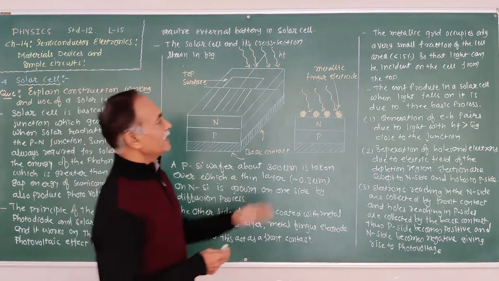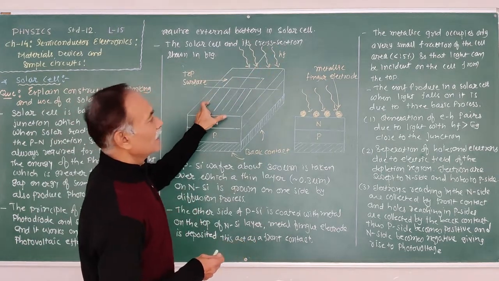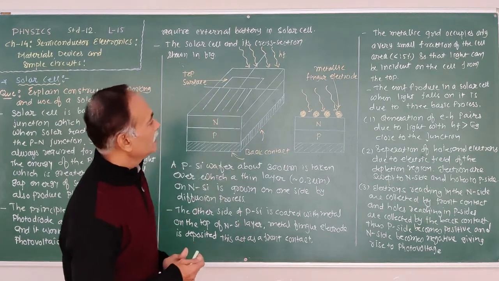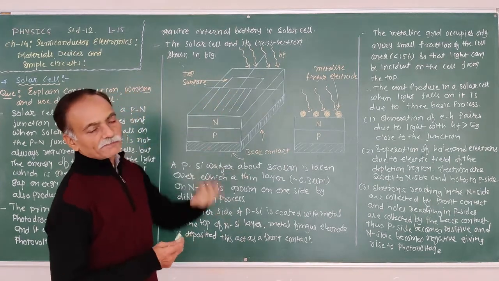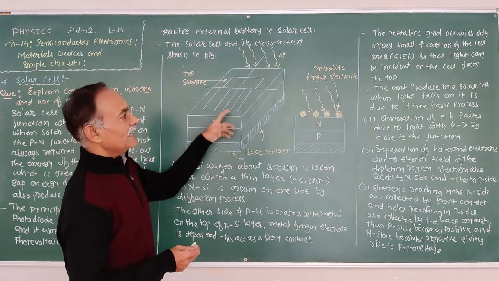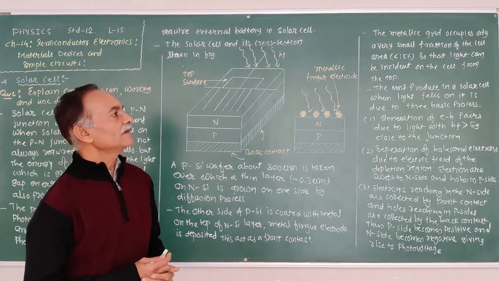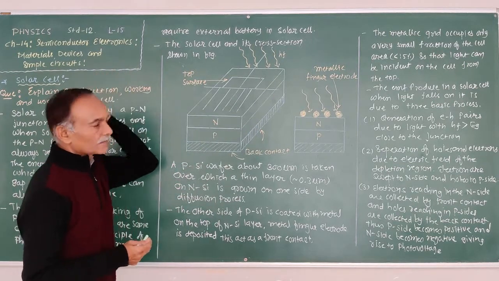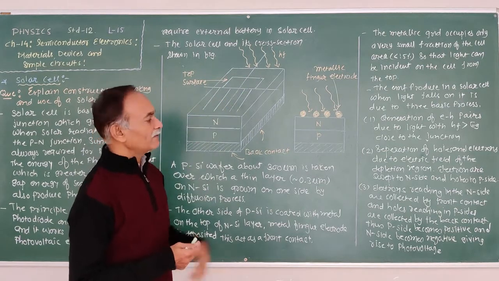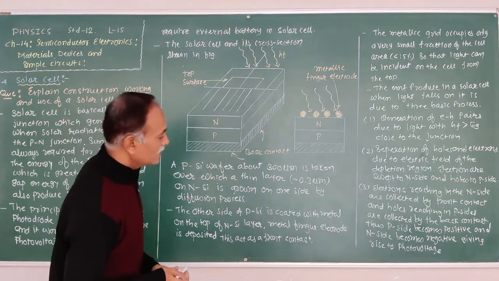The metallic grid occupies only a very small fraction of the cell area, less than 0.15, so that the light can be incident on the cell from the top. Here, the third contact is in the form of a metallic grid with a finger shape.